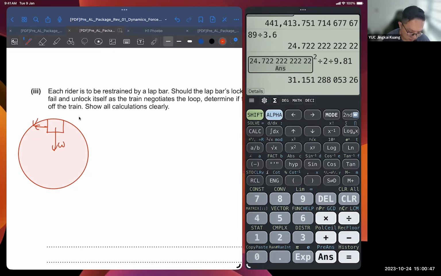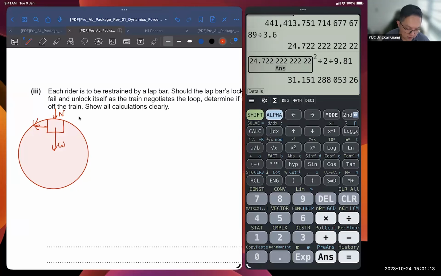Then you have centripetal force. These two forces will give you a centripetal force. As long as your normal force is non-zero, that means you still have contact with the seat. The seat is still in touch with you. So we need to check whether this N is larger than 0 or not.